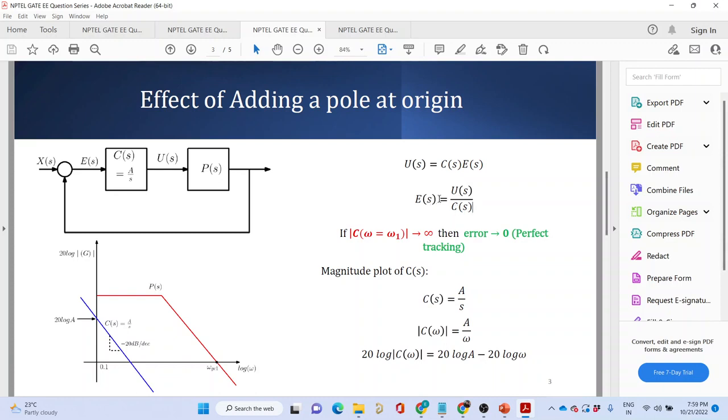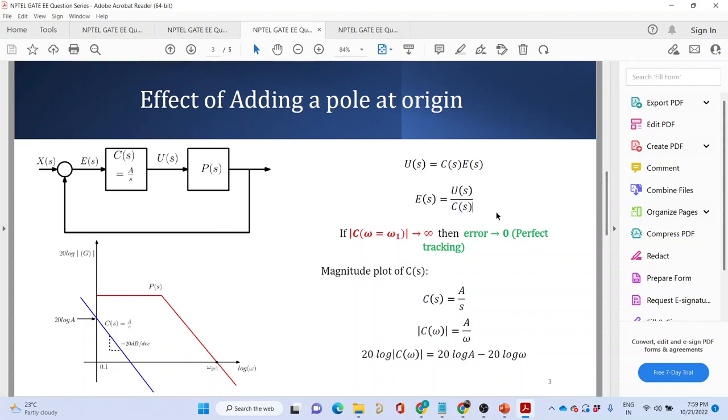So if I want my error signal to be 0 at steady state, there are two possibilities. One is U of s equal to 0, that is, the controller output becomes 0. But if the controller output becomes 0, there is no feedback. It becomes open loop operation. So the only possibility is C of s equal to infinity, right?